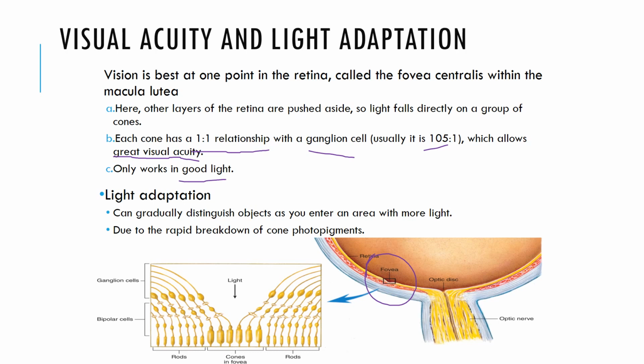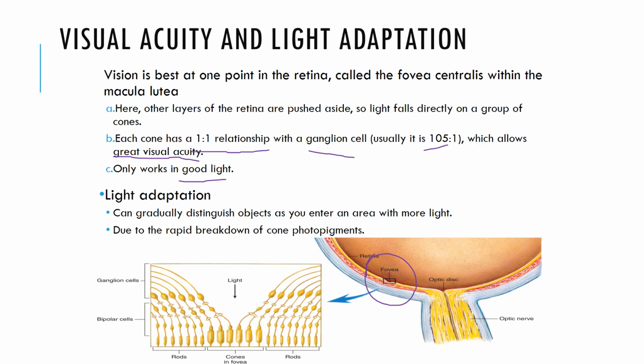As for how we adapt to light, this can distinguish objects as you enter an area with more light, whereas it takes a lot more time for you to adapt to low light vision. Also, we have rapid breakdown of the cone photopigments so that we're able to adapt to high light.